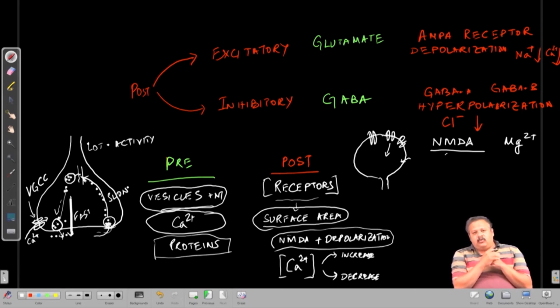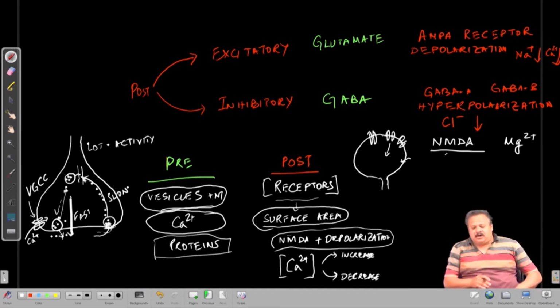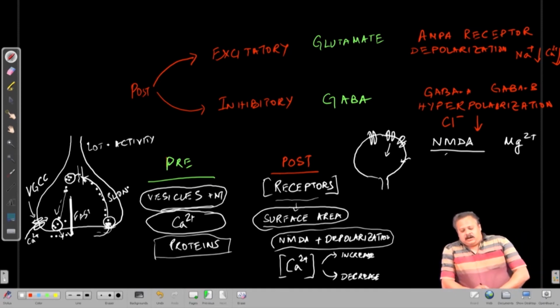For example, more neurotransmitter receptors are synthesized and brought into the postsynaptic side, allowing stronger current. There are ways in which more cytoskeletal proteins are synthesized, which causes changes in the size of the spine.